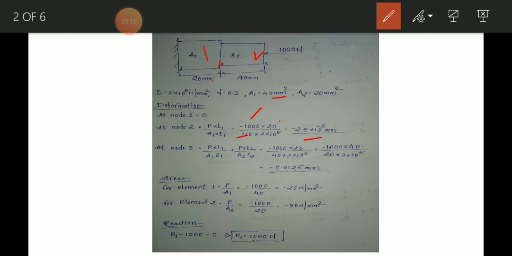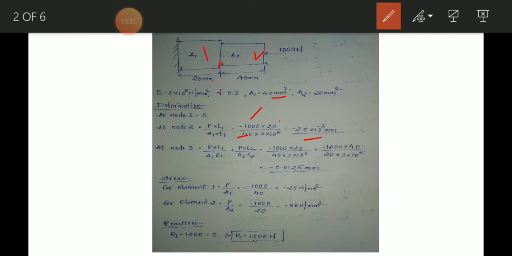At node 3, similarly apply the same formula PL divided by AE, but this time you have to apply it for the second element. So P is how much? P is minus 1000 Newton.